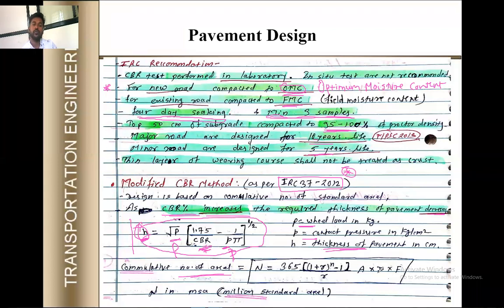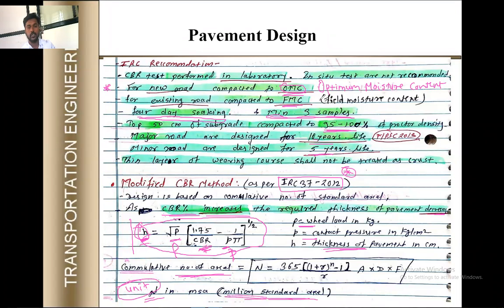This is the unit of N. So this is the formula for calculating the cumulative number of axles and the thickness of the pavement as per the IRC.